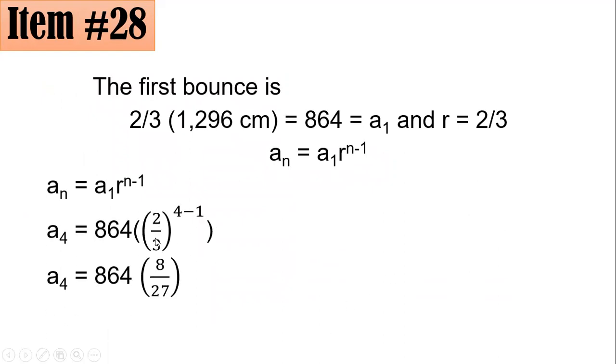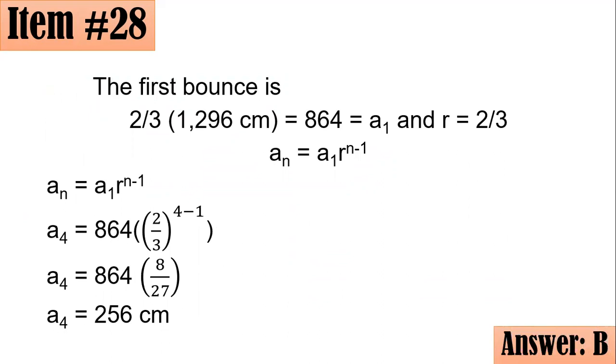So 2/3 cubed will be 8/27, and multiplying that with 864 gives you the fourth term, or the height of the fourth bounce, which is 256 cm. And that is letter B.